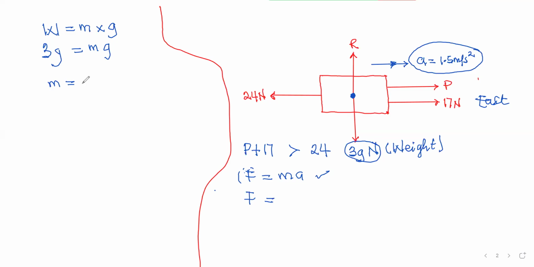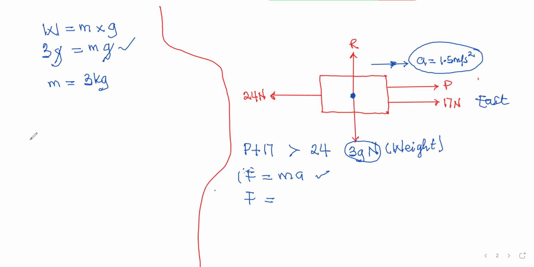Just make m the subject from the equation. What will be the value of m? That will be 3 kilograms, because the gravities will cancel out. Please, are you okay?